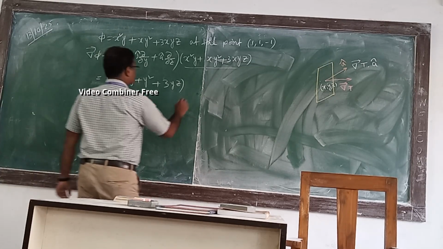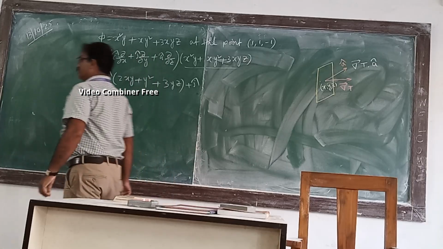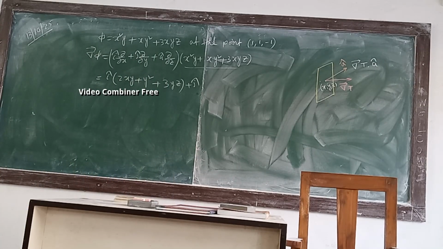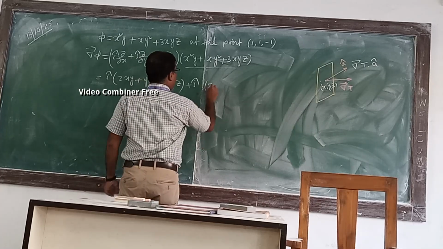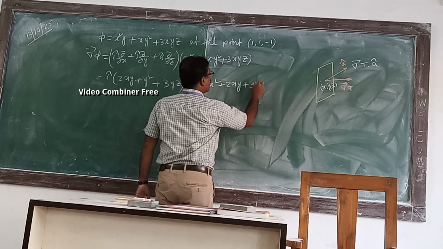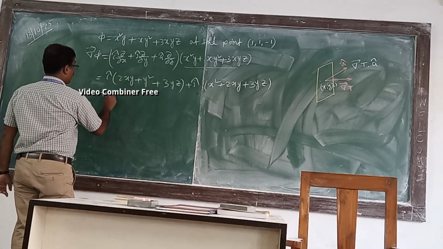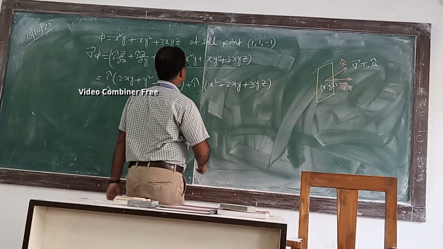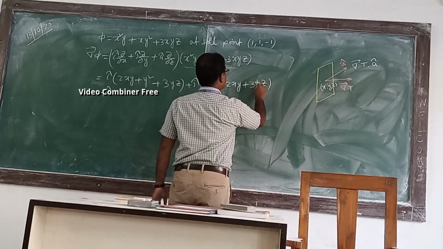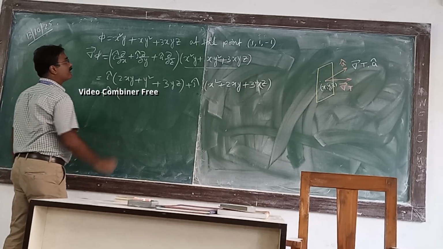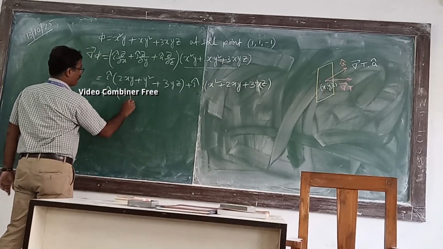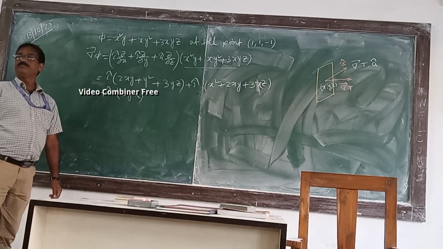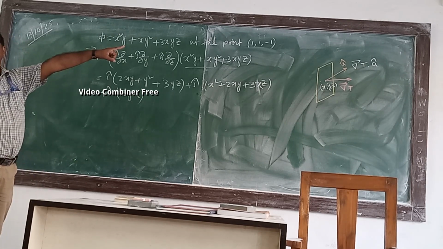Plus j cap del y, which gives x squared plus 2xy plus 3xz. Then k cap, del z: the first two terms are 0 because x and y are constant, and only 3xy remains. Now we have to find this at the point 1, 1, minus 1.